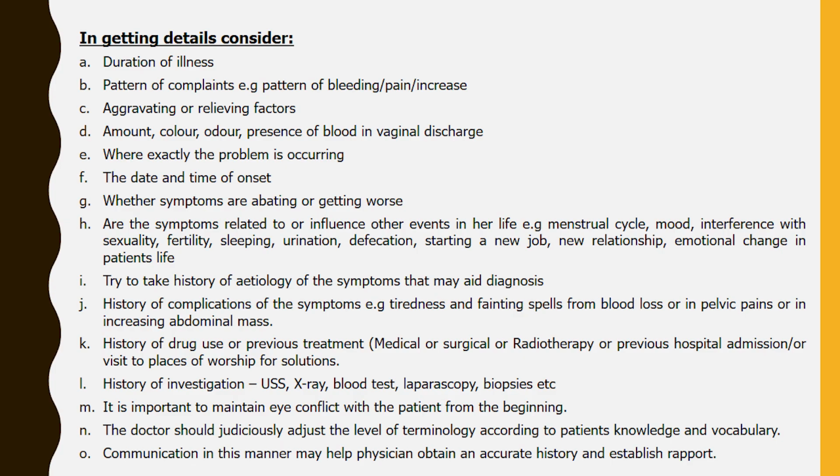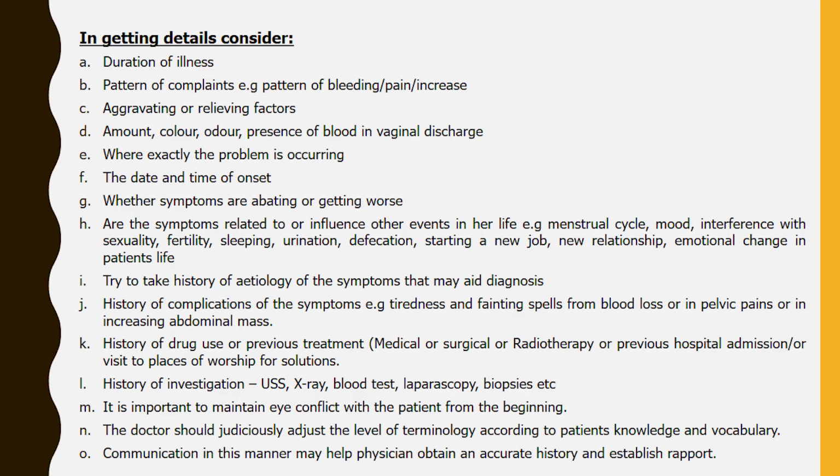We want to find out whether the symptoms are abating or getting worse. Then it's also important that you relate these symptoms to the events in the life of the patient. These symptoms, be it a vaginal pain, be it an increasing abdominal size, how does it relate to the menstrual cycle?